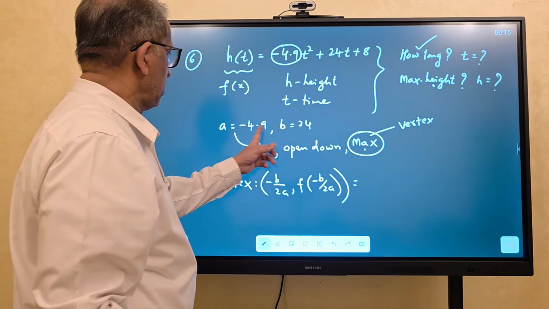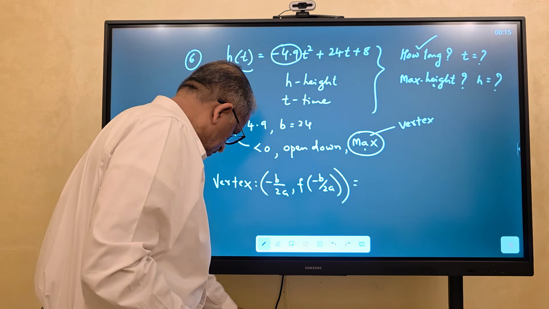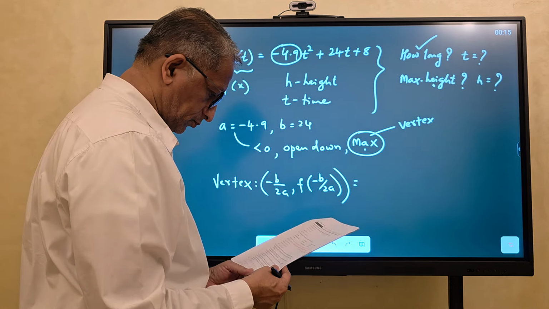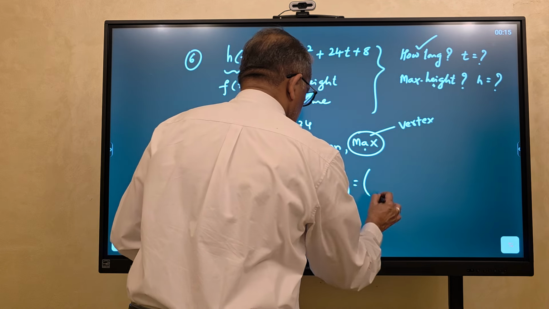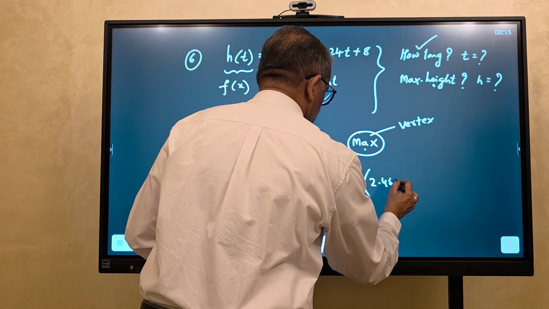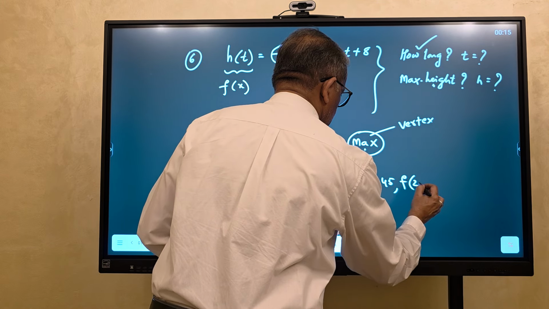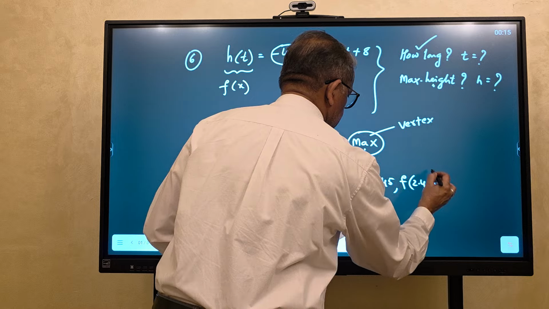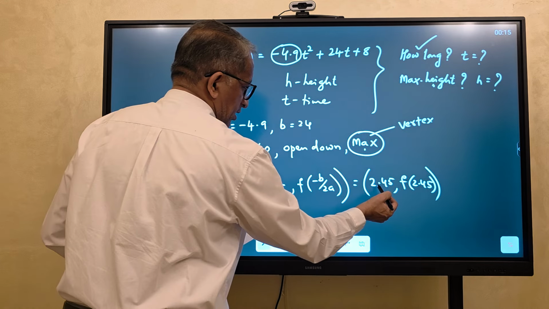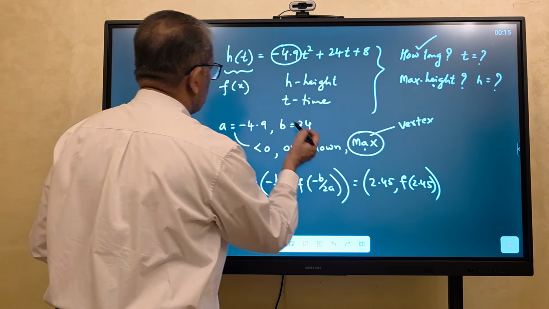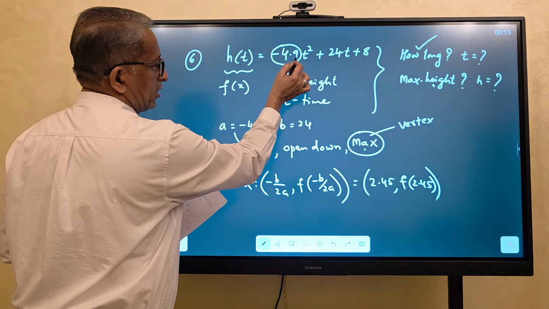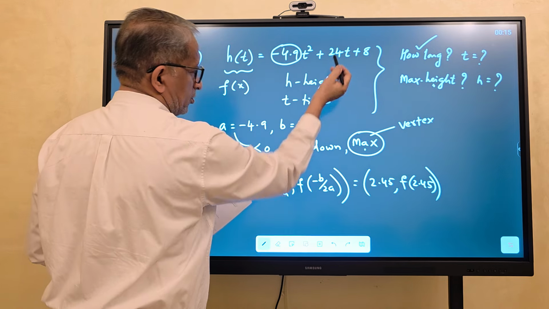Put a, b here, you get 2.45. f of 2.45. This x is equal to 2.45 you put here. Sorry, t equal to this. Here you put.